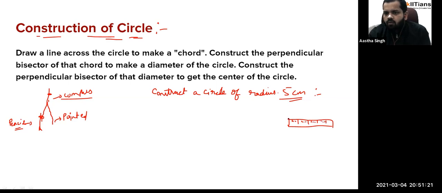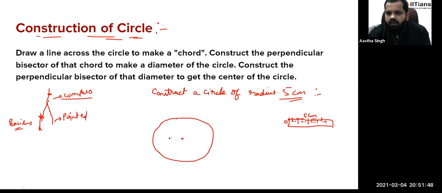Place the pointed one at the starting 0 and measure a 5 centimeter distance, right? So put the compass at a certain point and with that 5 centimeter arc, just draw a circle.